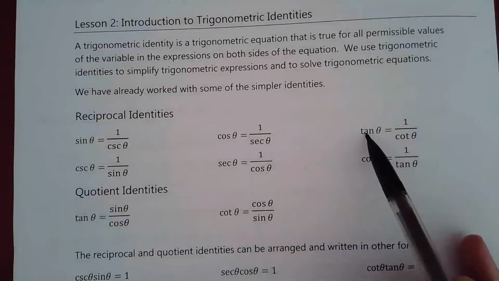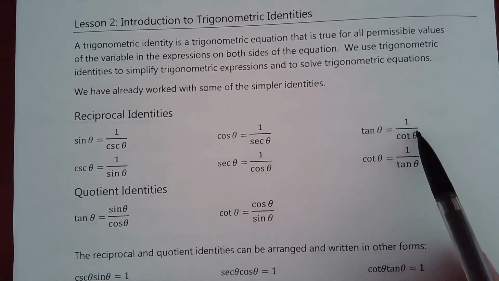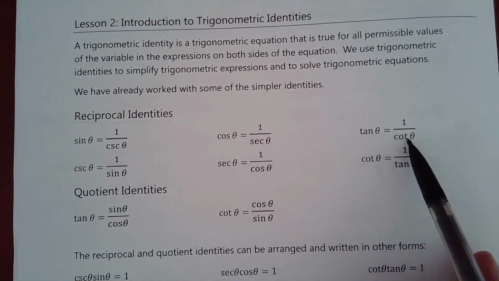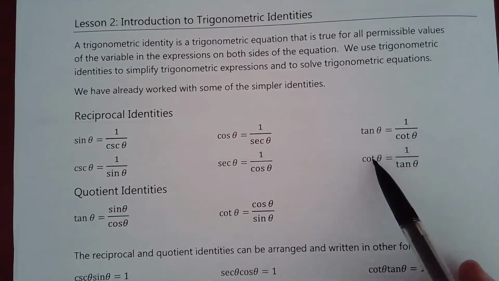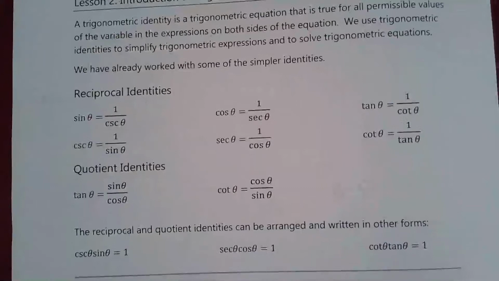And then tangent is the reciprocal of cotangent, so 1 over cotangent, or we can say cotangent is the reciprocal of tan, or 1 over tan theta.